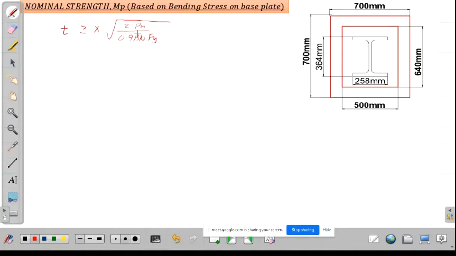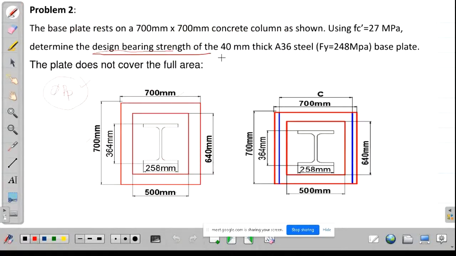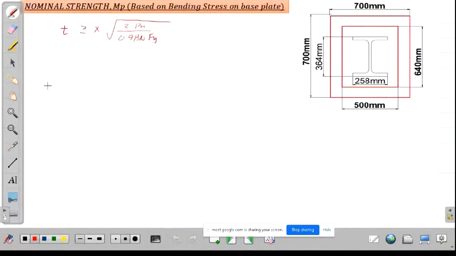So that is our equation. And from our problem, the thickness is given, that is 40 mm. Okay? So we have the thickness. The value of PU is still unknown.